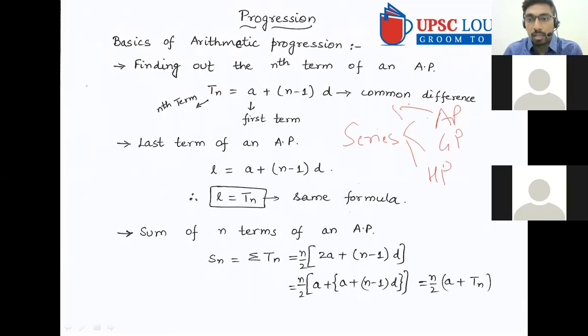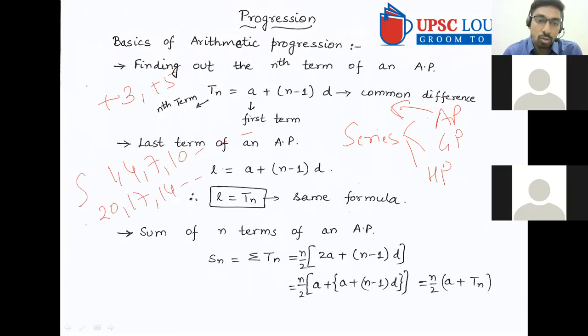If in any question the difference is a fixed number like +3 or -3, for example 1, 4, 7, 10, or 20, 17, 14 and so on, then these numbers are in AP. Basically AP means either addition or subtraction of a particular fixed number.